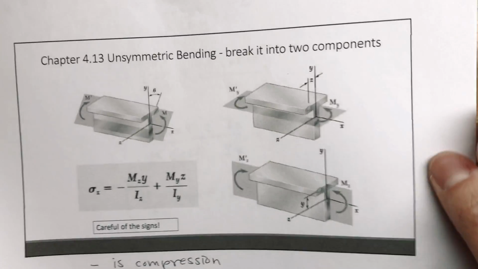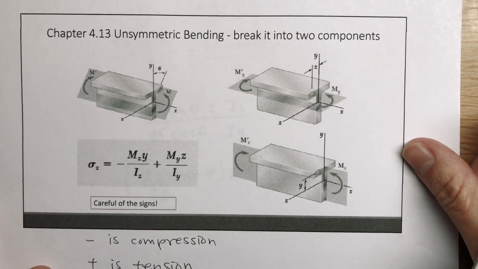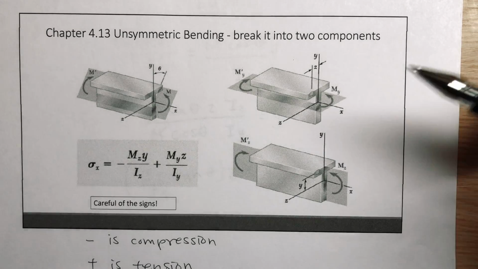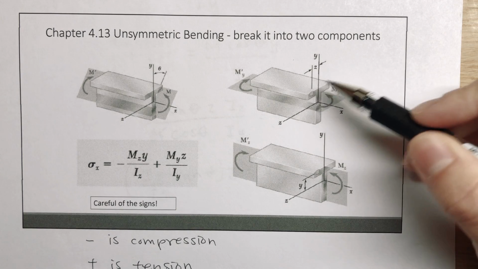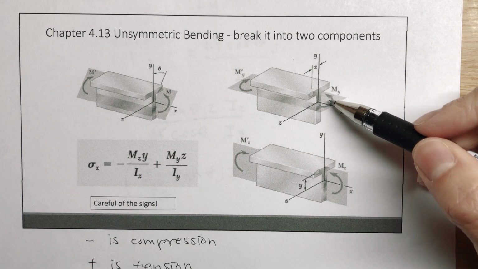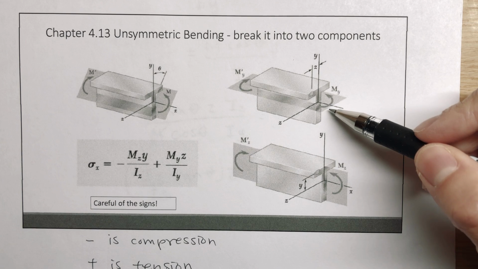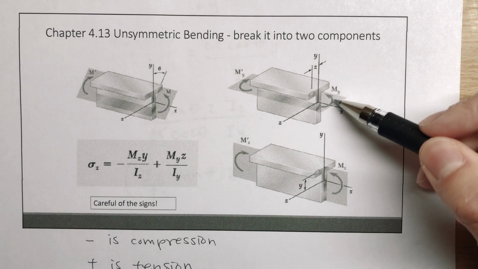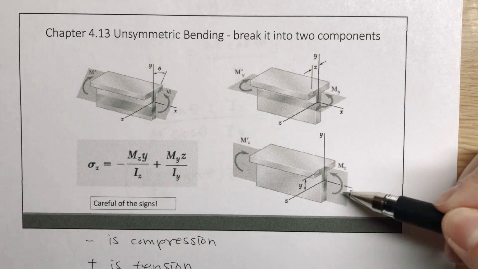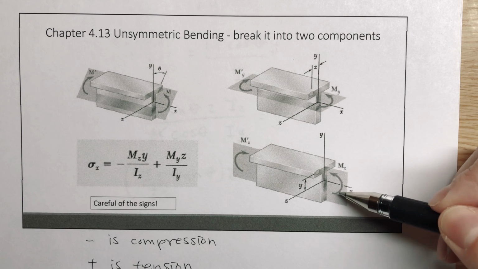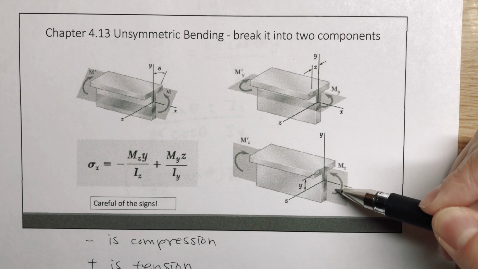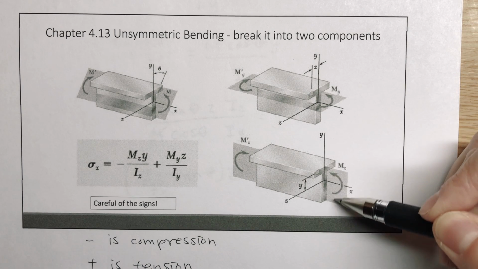Slide 9. So again, My is going about the y-axis. It's acting in the z-plane. Mz is about the z-axis and it's acting along the y-plane.